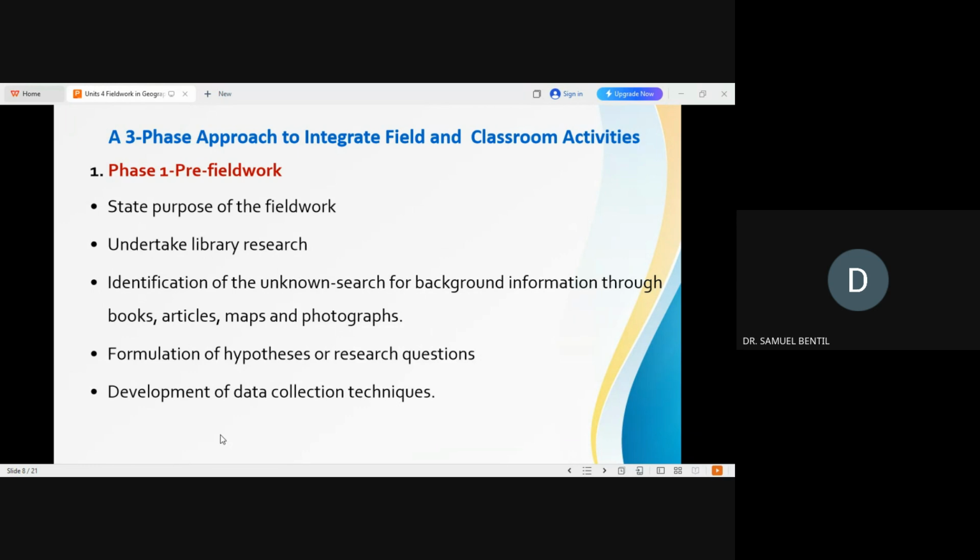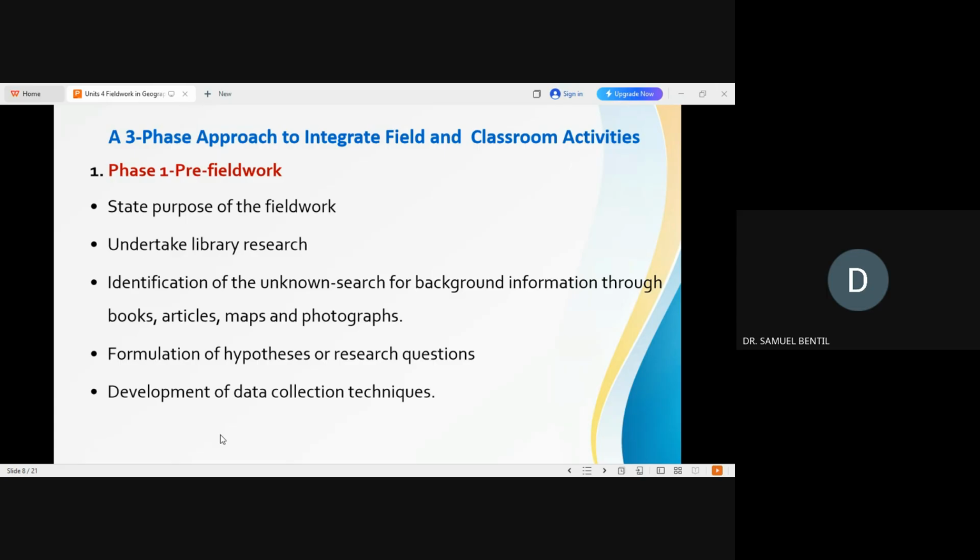Now, when you are clear with your purpose or objectives or the rationale for the fieldwork, then you need to undertake some lively research about the kind of fieldwork or the kind of activity you want to embark upon, so that you'll be able to know, as part of the library research, the information you need to provide the needed guidelines and facilitation, or even if you are the one going to direct it on the field, you still need some information that will enable you to provide the necessary pre-fieldwork activity before they get to the field.